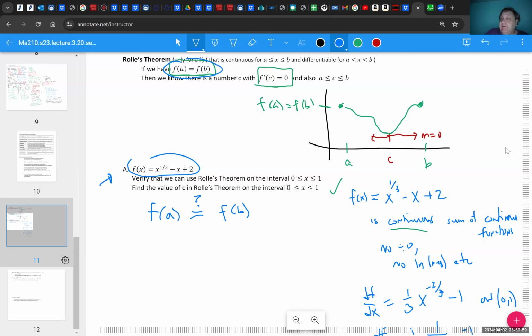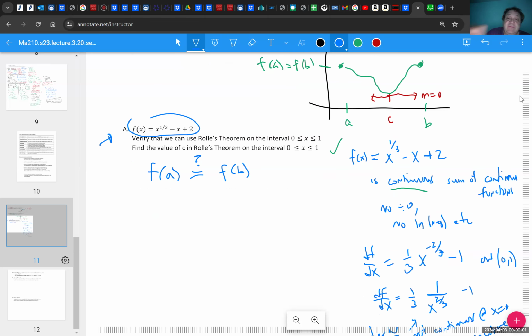All right, our endpoints are 0 and 1. So what we're trying to verify is that f of 0 is equal to f of 1. And we can just take the function and plug in 0 and 1. So if I plug in 0, I get 0 to the 1/3 minus 0 plus 2.